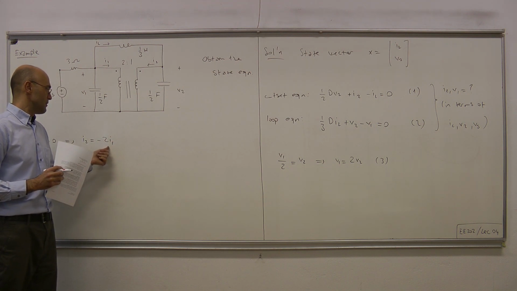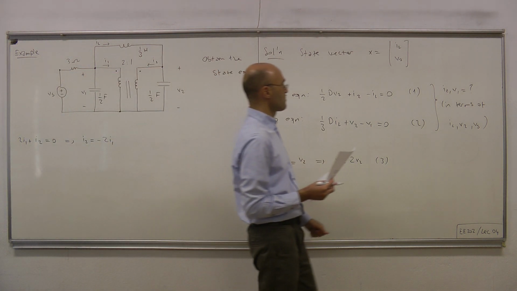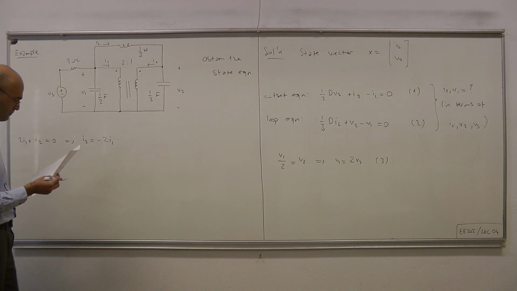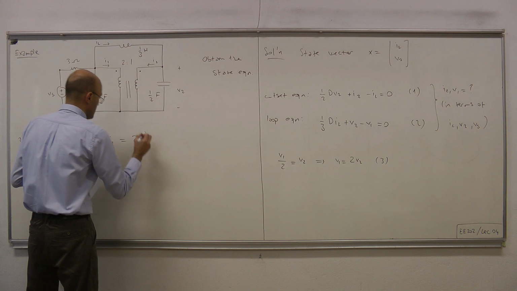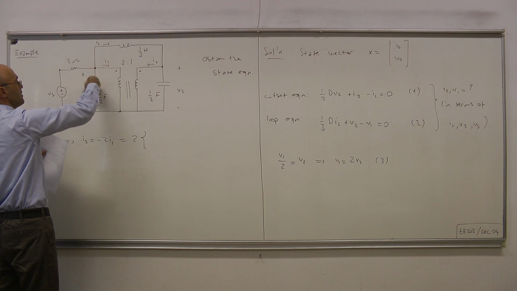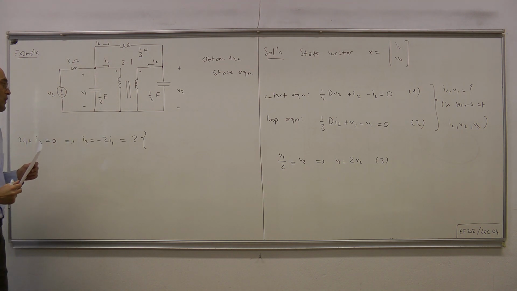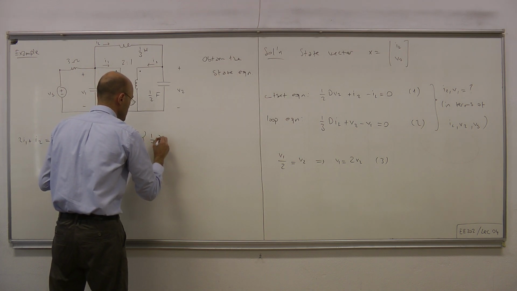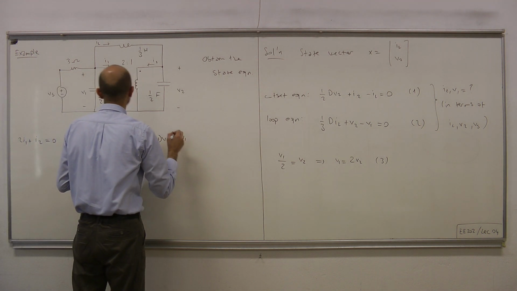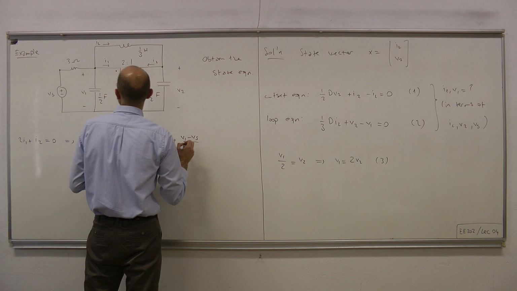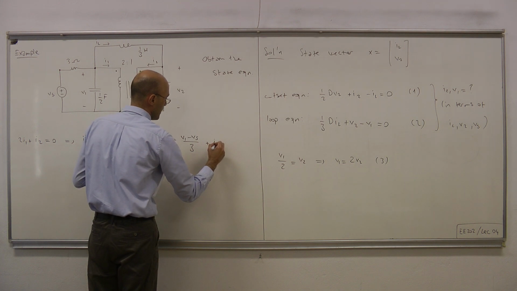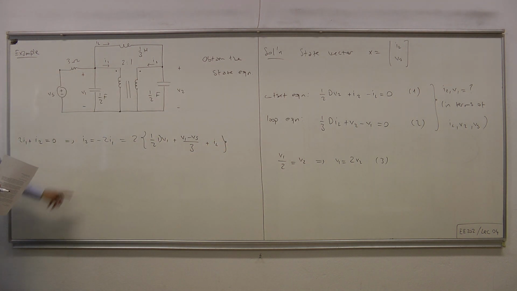But still, this is not helping us either, because I1 is not one of our state variables, so we have to go further. That equals 2 times minus I1. And what's this current? This current is that current plus IL. So we're talking about 1/2 dV1, the current of the capacitor, plus that current, which is V1 minus Vs divided by the resistance in between, and finally plus IL. Okay, so that's I2.